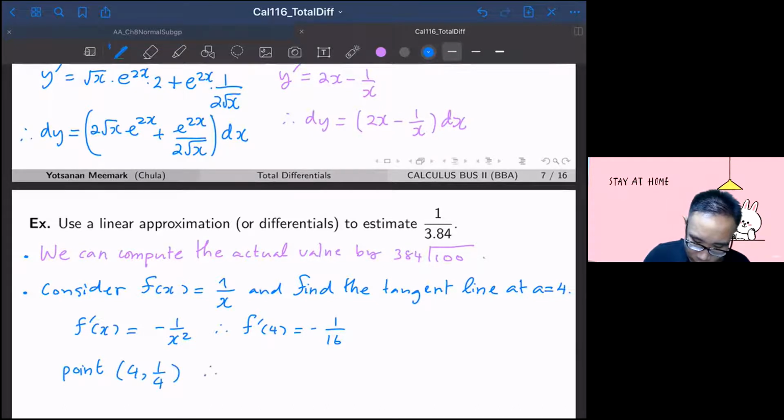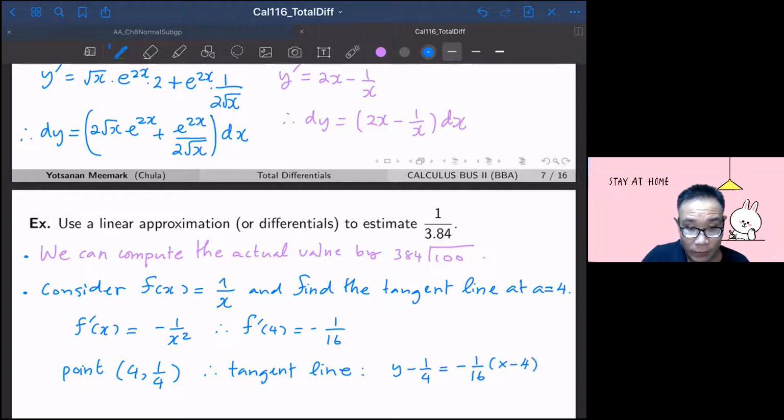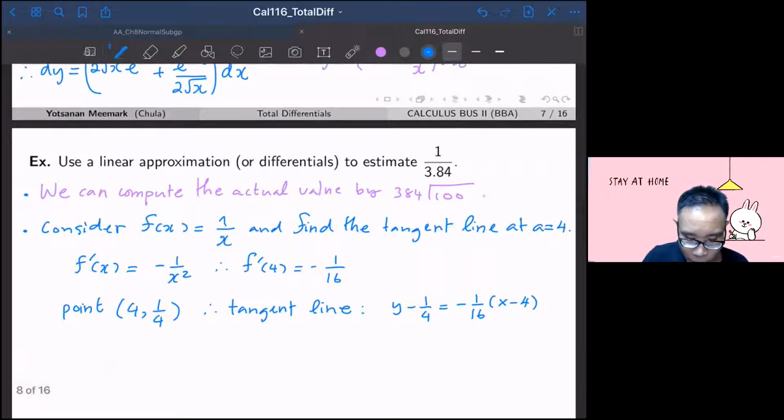So you have the tangent line. The tangent line will be y minus 1/4 equal to negative 1/16 (x minus 4). Okay, so this one is just your point slope form.